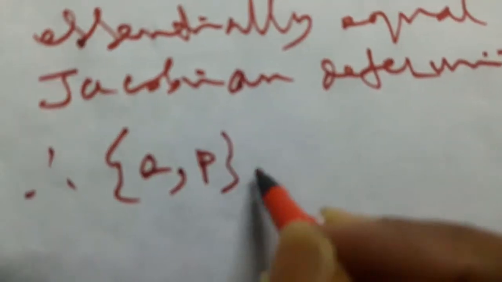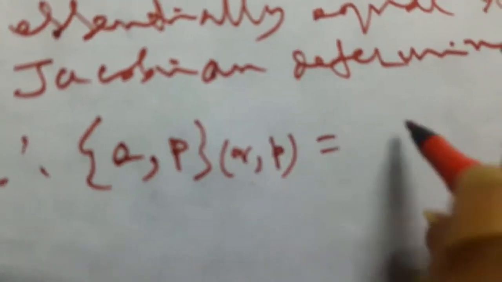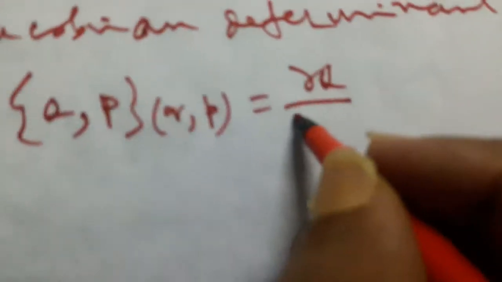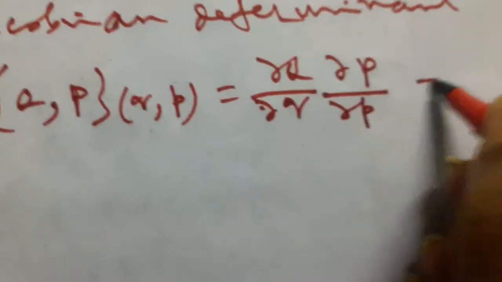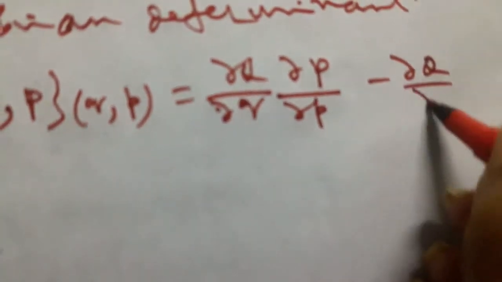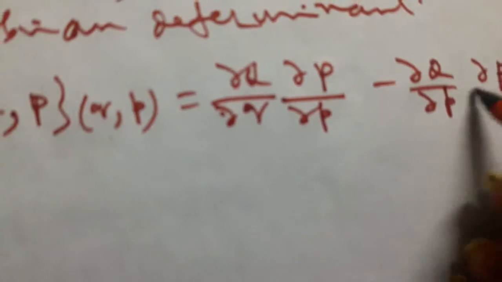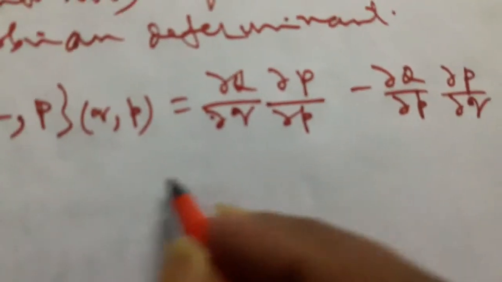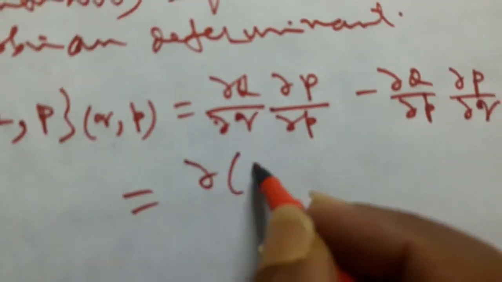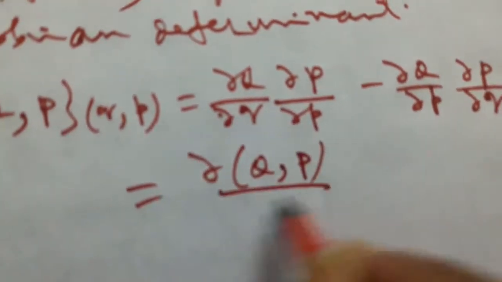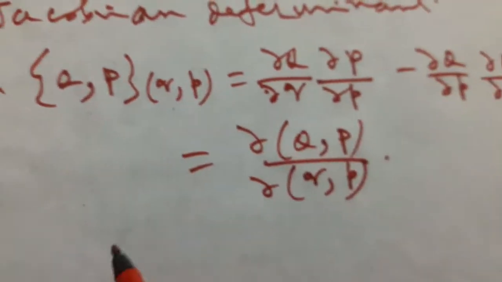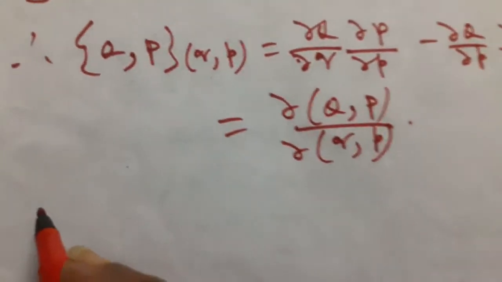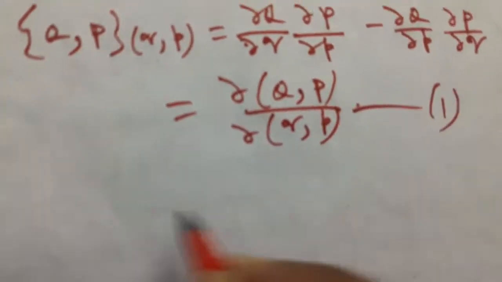Therefore, the Poisson bracket of Q, P is, by definition, del Q del q del P del p minus del Q del p del P del q, that will be the Jacobian of Q, P under q, p. So here we are taking it as equation number 1.